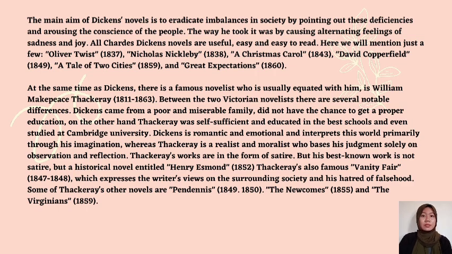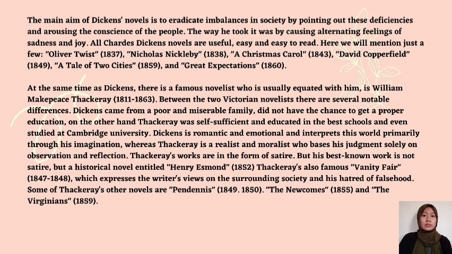At the same time as Dickens, there is a famous novelist who is usually equated with him: William Makepeace Thackeray, 1811 to 1863. Between the two Victorian novelists, there are several notable differences. Dickens came from a poor and miserable family and did not have the chance to get a proper education.